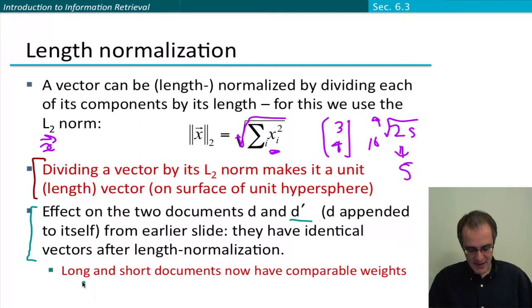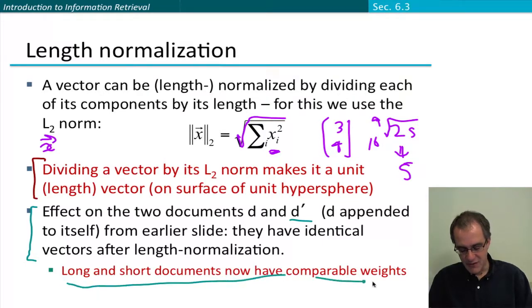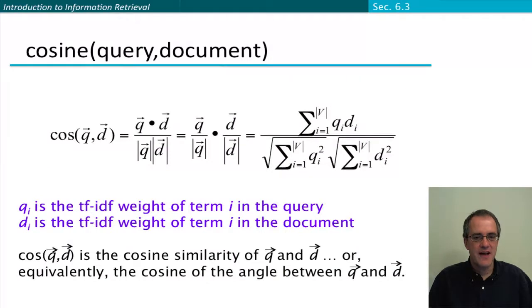Because of that, once you length normalize vectors, long and short documents have comparable weights. So the secret of our cosine measure is that we do this length normalization.